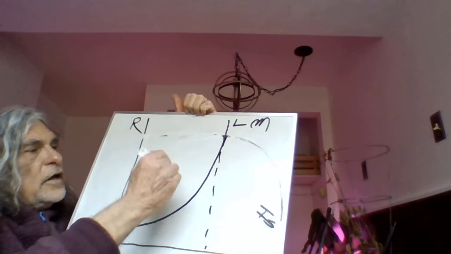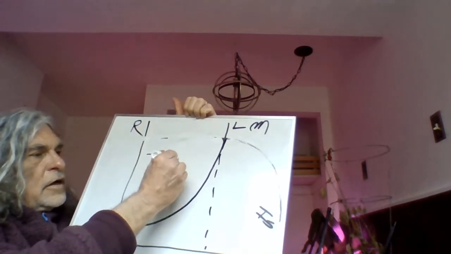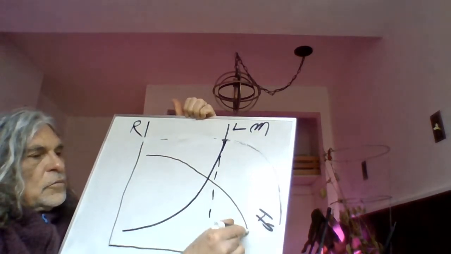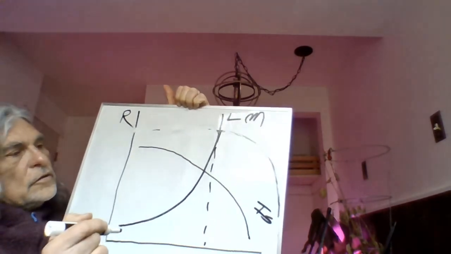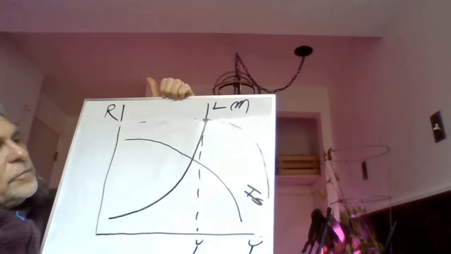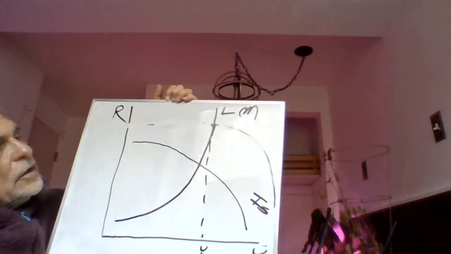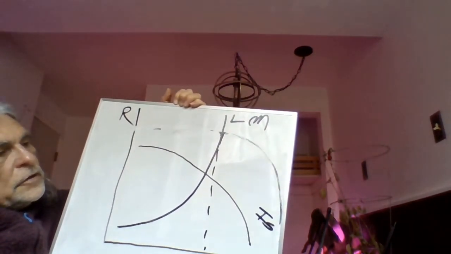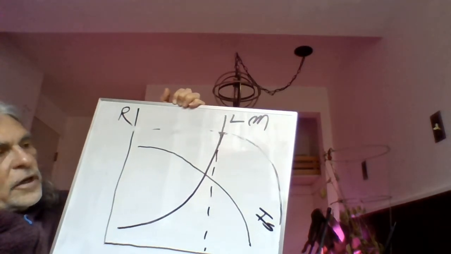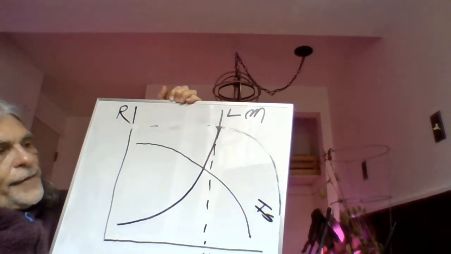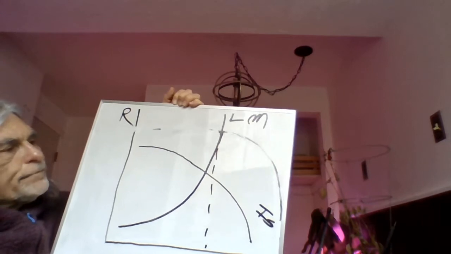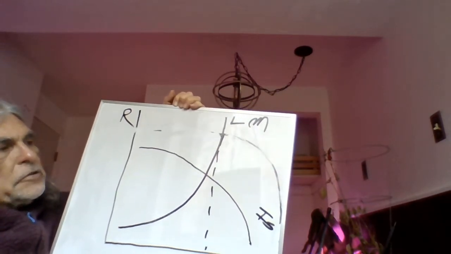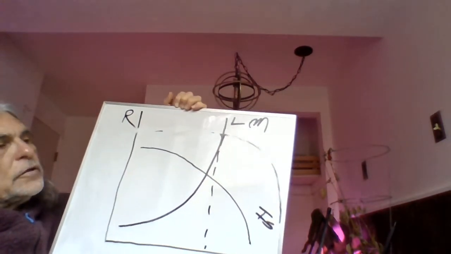More often than not, your IS curve's going to look something like this. So where it intersects the LM curve, well, the IS curve is negatively sloped, but not particularly close to being flat and not really close to being near vertical.